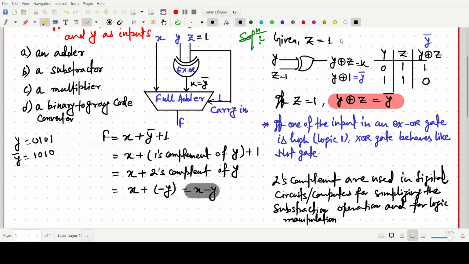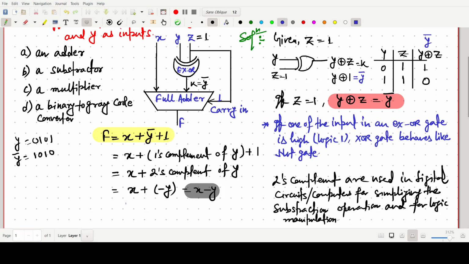We first wrote X plus Y bar plus 1. Because the XOR input is logic high, it gives the Y complement, which is the 1's complement of Y. It is just the reverse of Y, where 0 changes to 1 and so on. Plus 1 gives the 2's complement, and the 2's complement of Y is simply minus Y. So this is nothing but X minus Y, a subtractor circuit.